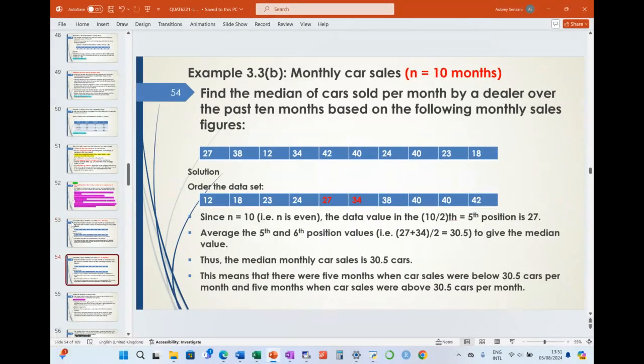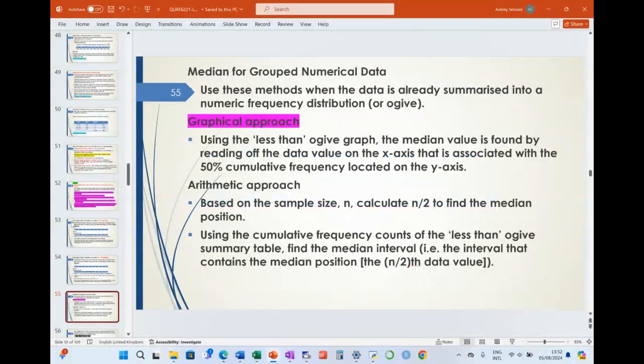Here we've got a data set where there are 10 values. So what we then do is take the middle two and divide those by 2. We add them here, you can see 27 plus 34, and we divide it by 2. So our median is actually 30.5. Can you see that? So just a quick recap. I'm sure you would have done that in school at some point.